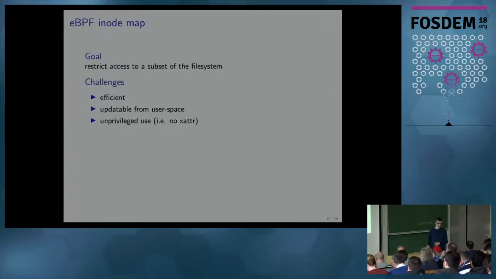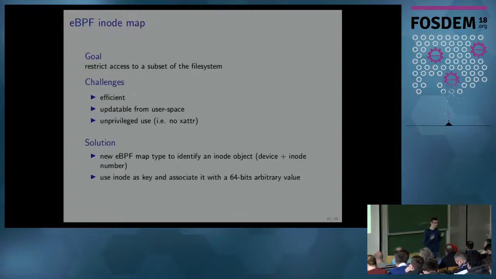So that is a problem. And another constraint is that if you want to run multiple security policies concurrently, you want to compose them, so you need to be able to identify a file or file hierarchies for multiple security policies, which may not be run by the same user. So you need to be able to stack, to have multiple identifiers for the same files.